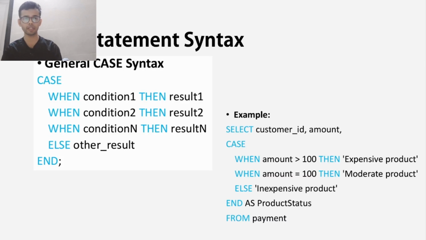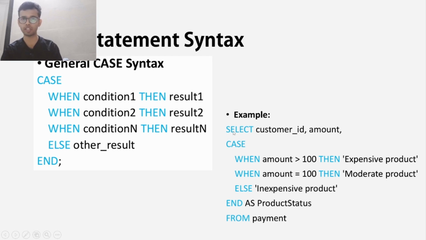Let's see the expression first. This is the general syntax for CASE: we write CASE WHEN condition1 THEN result1, and so on, ELSE result, END.